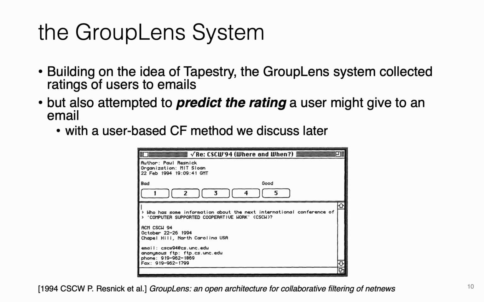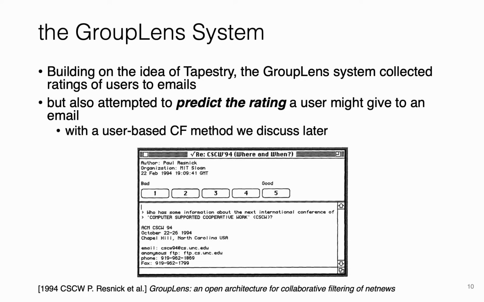Following this basic idea of Tapestry, which is to record the feedback of users to items, the GroupLens system provided some additional functionality. As we see here in the figure, when presented with an email, the user could decide to rate this email on a scale of 1 to 5.